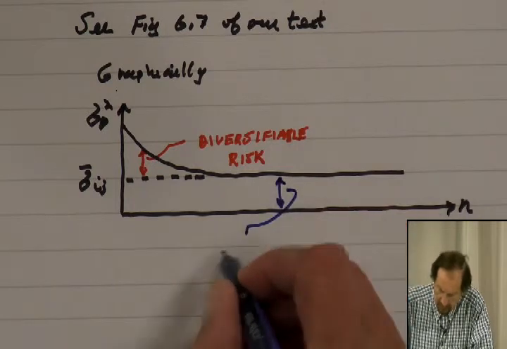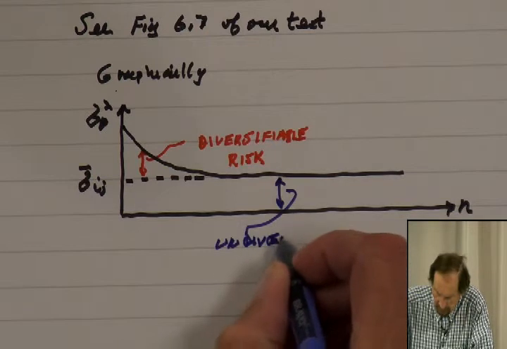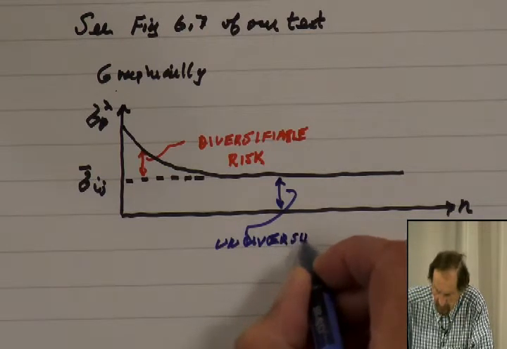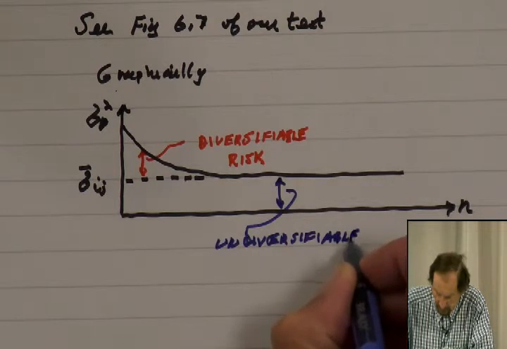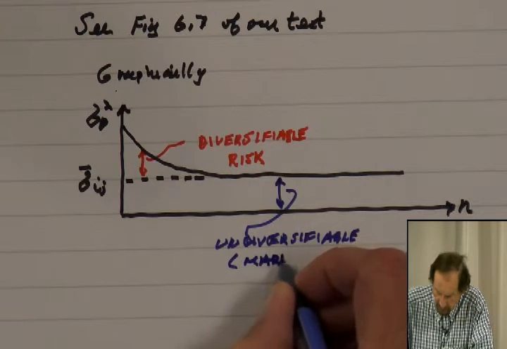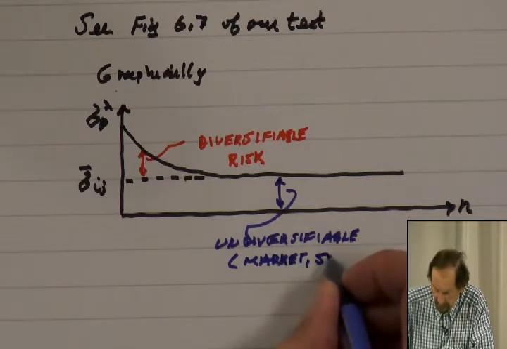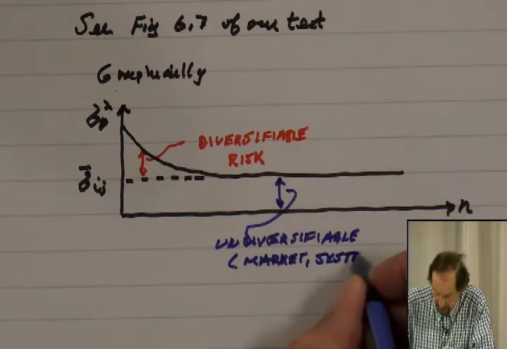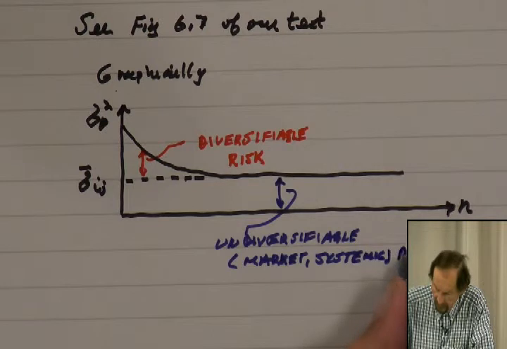Let's come down here, undiversifiable. Sometimes called the market or systemic risk.